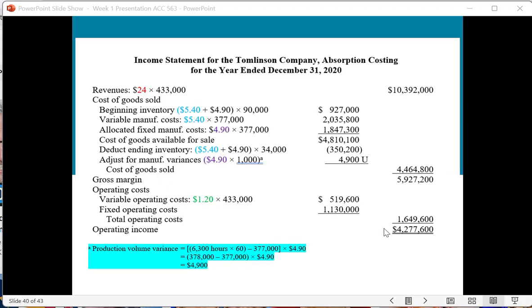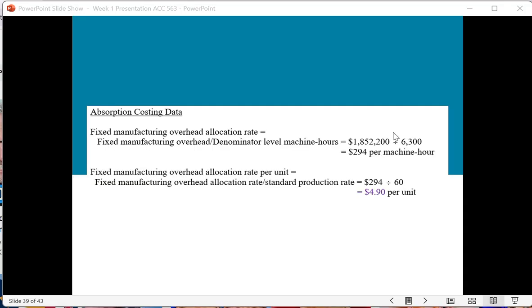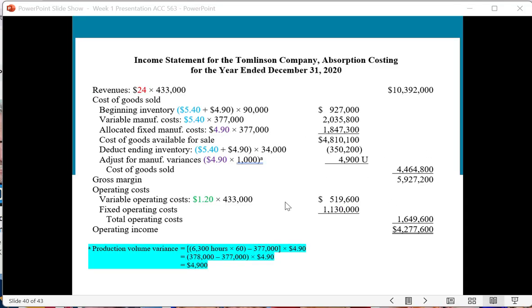What happens is the 6,300 hours times 60, right here, 6,300 hours times 60 is the standard, right, which is 378. We take away the 377 from it because that's what we actually produce. So we produced 1,000 less. So it gives it $4,900 underapplied. Okay, that's how we back into the number.